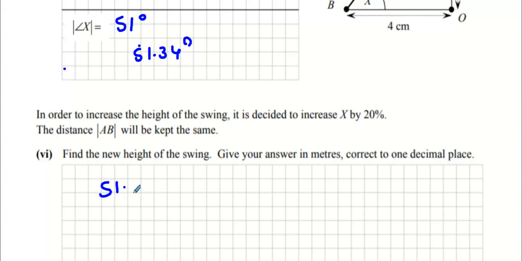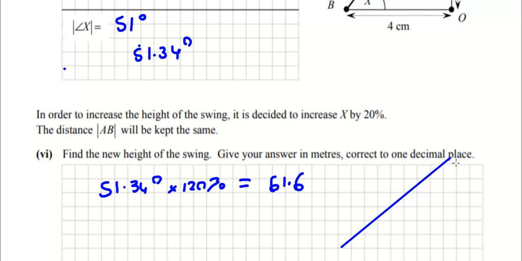So 51.34 degrees multiplied by 120% equals 61.6. The new angle is 61.6 degrees.